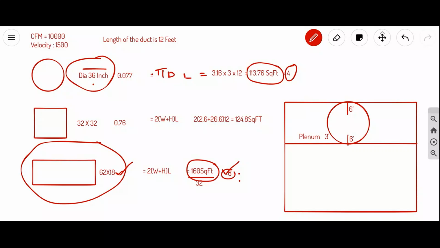Next, how is the thickness of the sheet defined basically? It depends on the length of the duct and also on the main branch and the trunk branch.